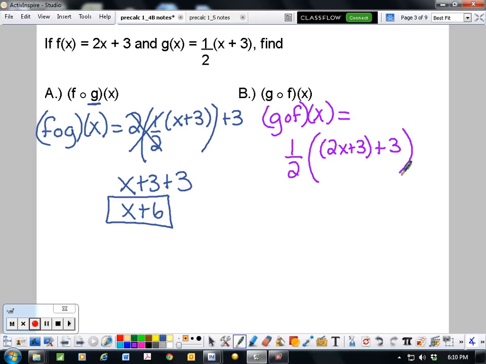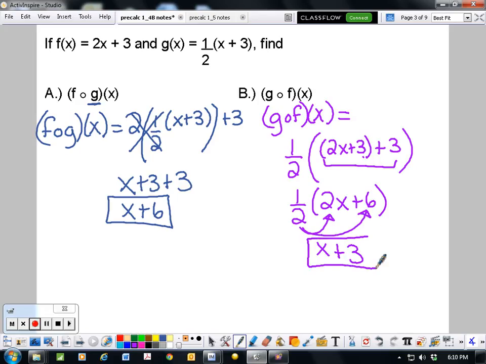So we're going to simplify this inside part, which is going to give me 1/2 (2x plus 6), because I can combine those two. And then I'm going to distribute the half. Half of 2x is x. Half of 6 is 3. And we get x plus 3.